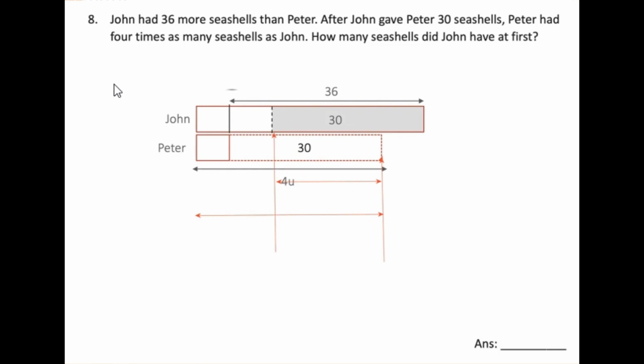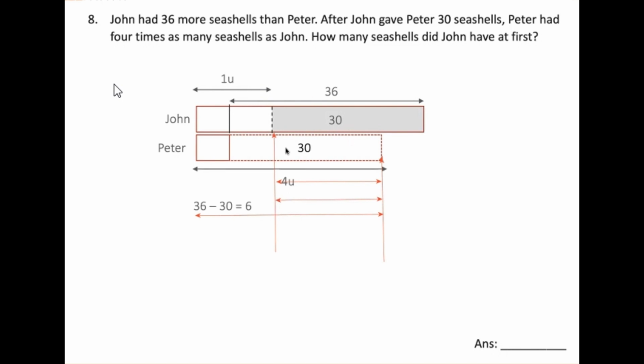This is John. John will be 1 unit. The difference between them is here. So this has to be equal to 3 units: 4 units minus 1 unit is 3 units. So 3 units is how much?